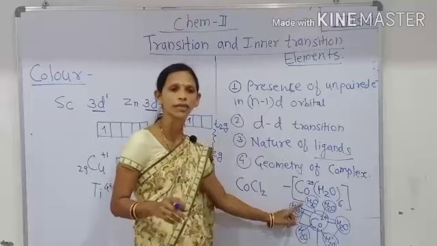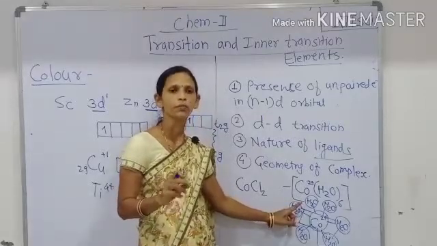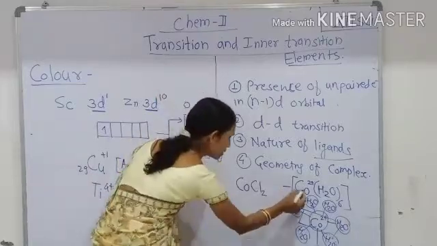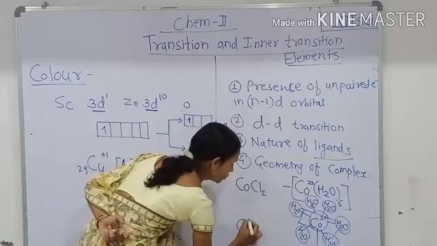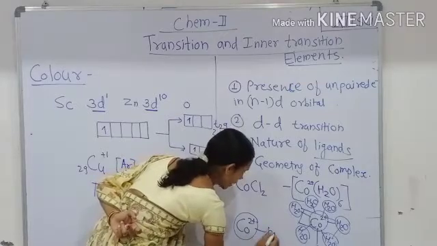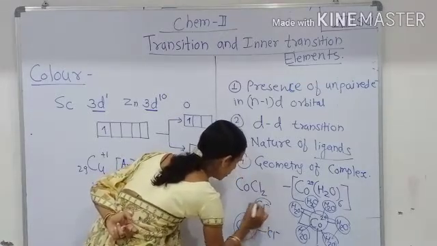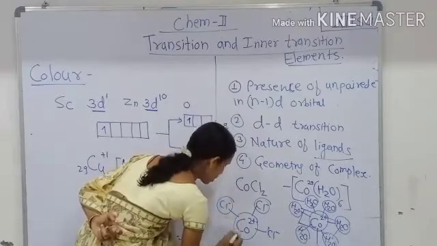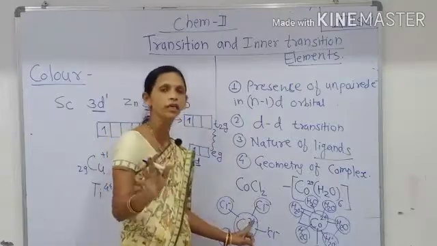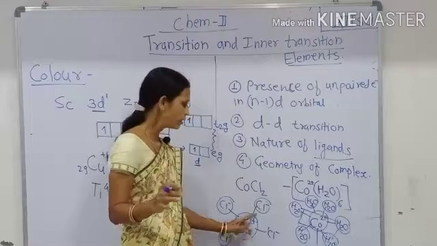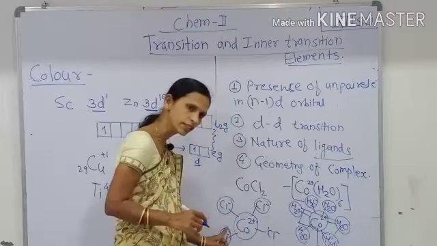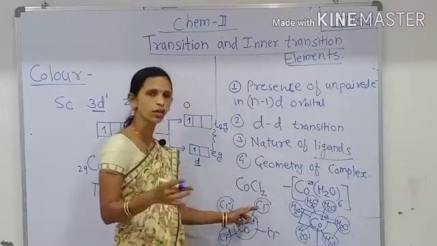The color of that compound is pink, but when HCl is added, the Co2+ ion is now surrounded by 4 Cl- ions, which has tetrahedral geometry. Therefore the geometry changes, the nature of ligand changes, and therefore the color of that solution also changes.